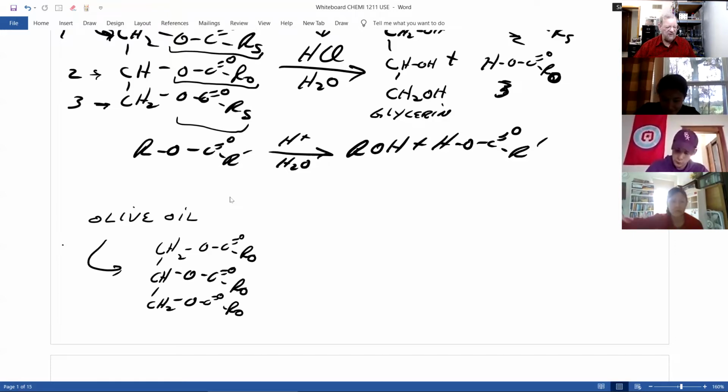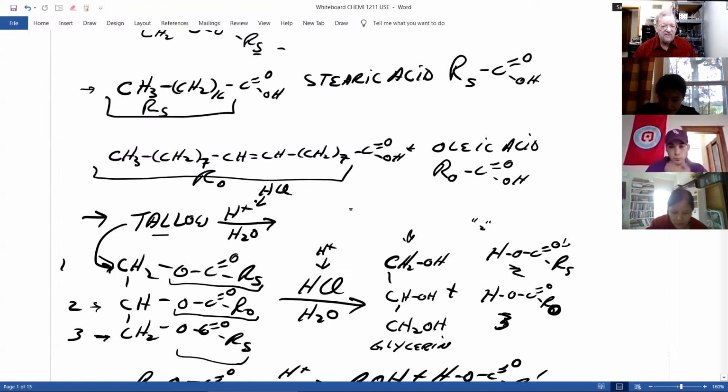Now, the reason I'm showing you this is, notice here you have the allyl group, which means this right here. Now, that double bond, as I mentioned earlier, can be cis or trans.